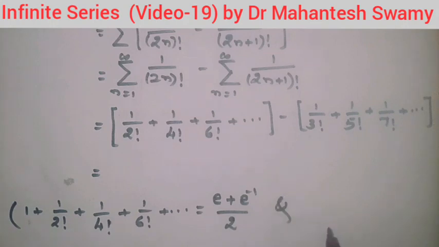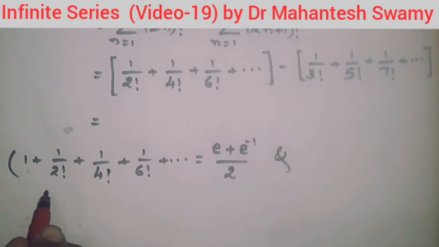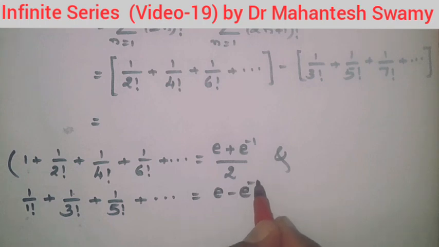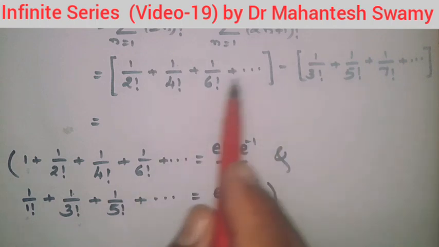And one more thing we were knowing, it was starting with 1 by 1 factorial plus 1 by 3 factorial plus 1 by 5 factorial plus 1 by 7 factorial, like them, that is equal to (e to the power 1 minus e to the power minus 1) divided by 2. So these are the two results which we recovered from our discussion on exponential series. We shall use them here in place of these two brackets.